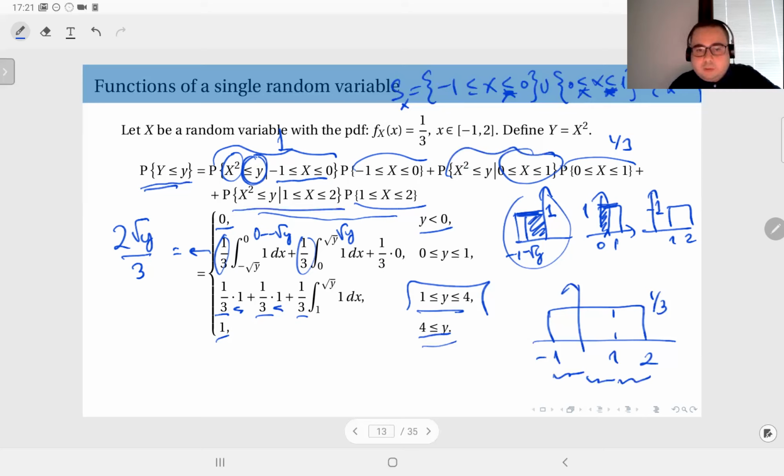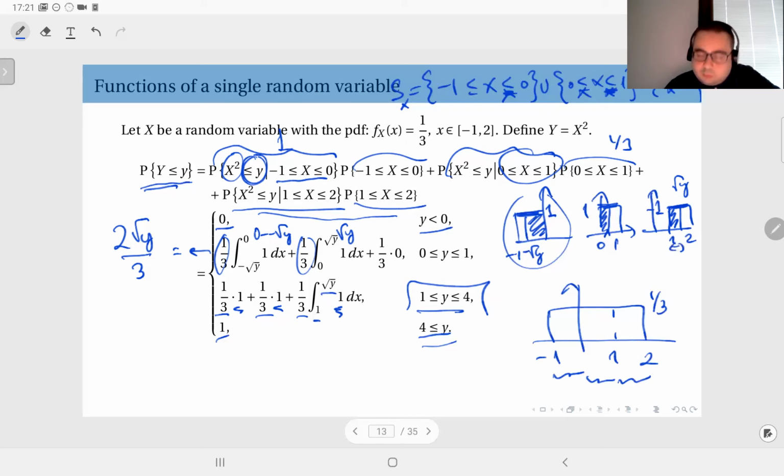What about this one? X squared less than or equal to y. When x is between 1 and 2, I will just integrate this PDF here from 1 up to square root y. Because y is between 1 and 4, its root will be between 1 and 2. And I'm integrating the conditional PDF, which is 1, from 1 up to square root y.